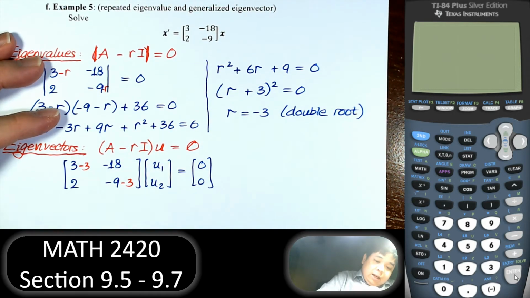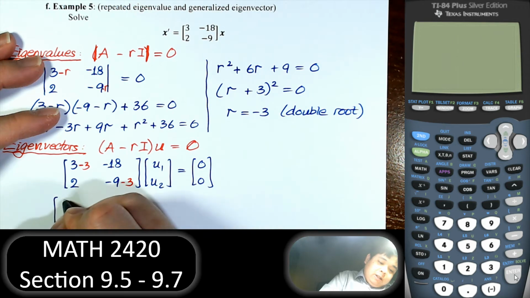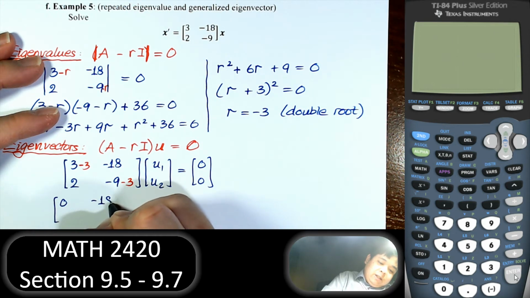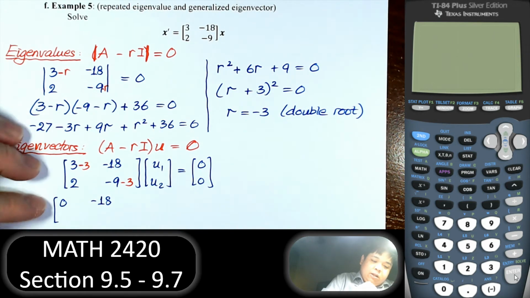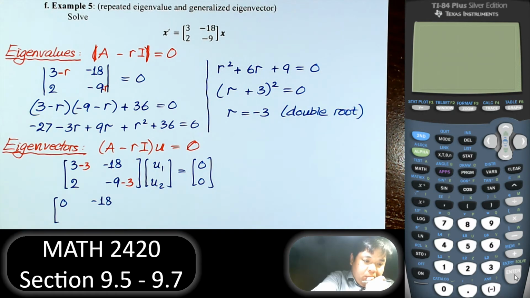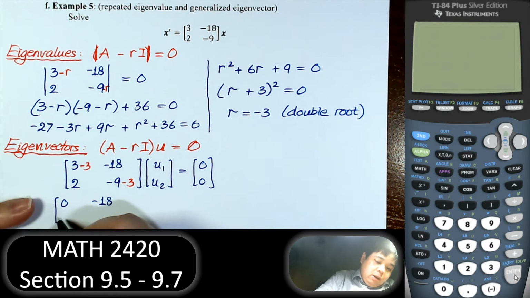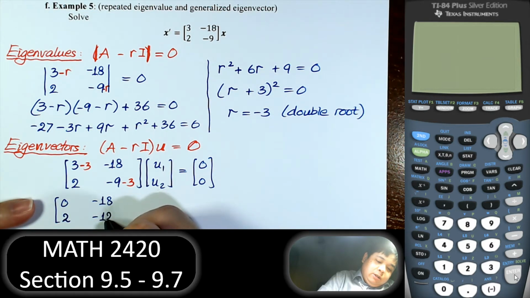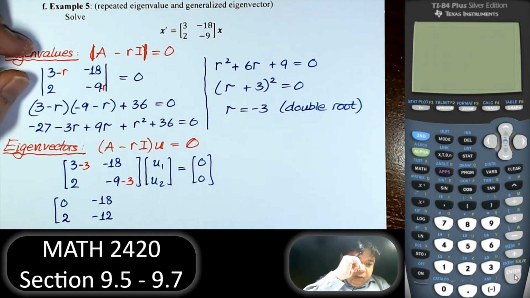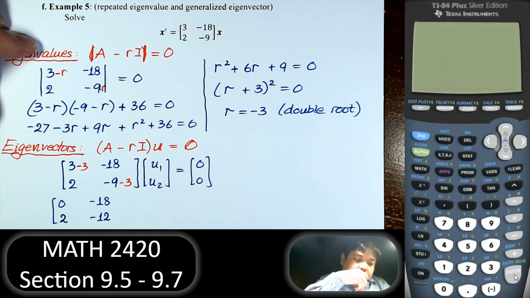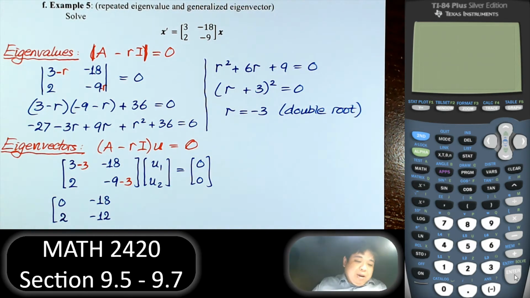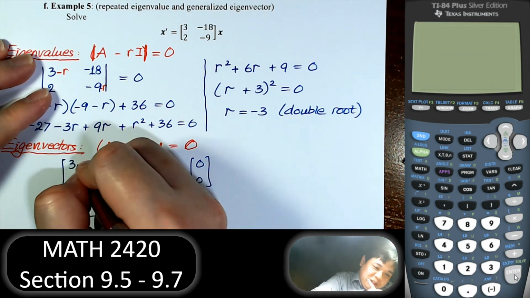Right, and so that gives us 0 and negative 18, and 2 and negative 12. Alright, I made a mistake, sorry, minus negative 3, so that should be plus.